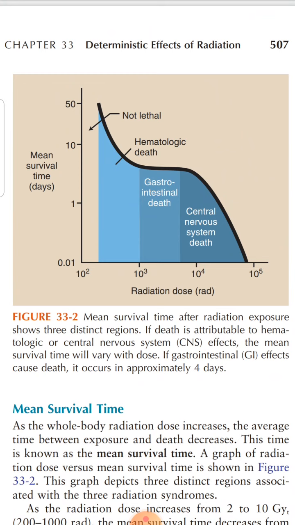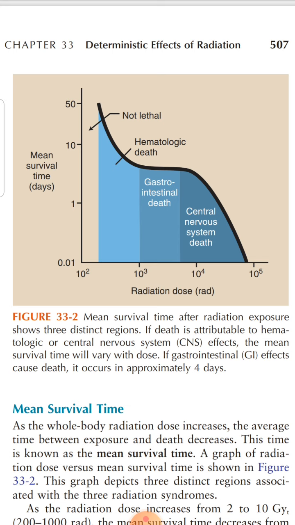In this graph, we have divided the graph into three distinct sections: hematological death, gastrointestinal death, and central nervous system death. You can see that the shape of the graph changes with the dose.